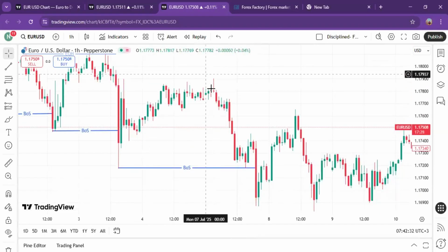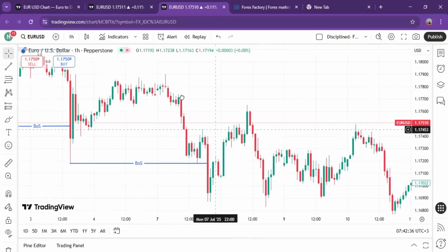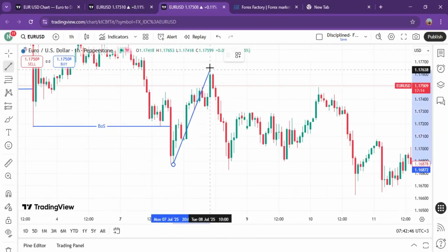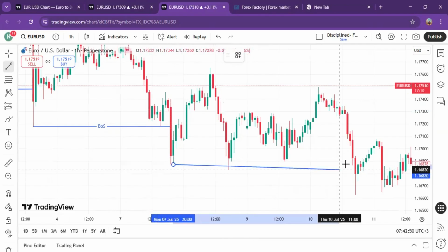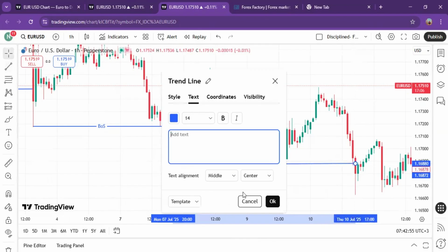And we have this as our highest point in the market. From there, we have this as our highest point, and we have this as the lowest point. Now, at this point, we have this wick.